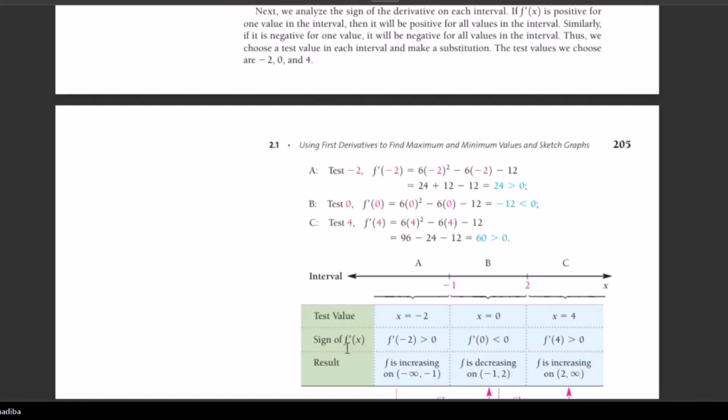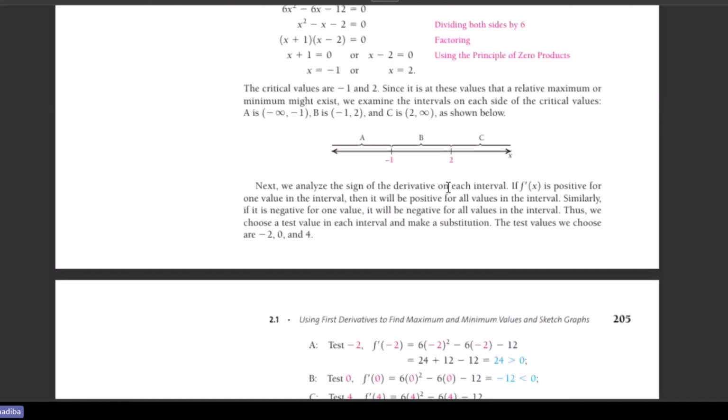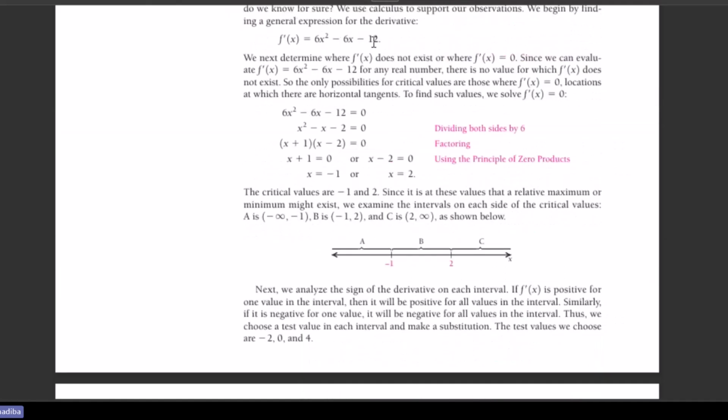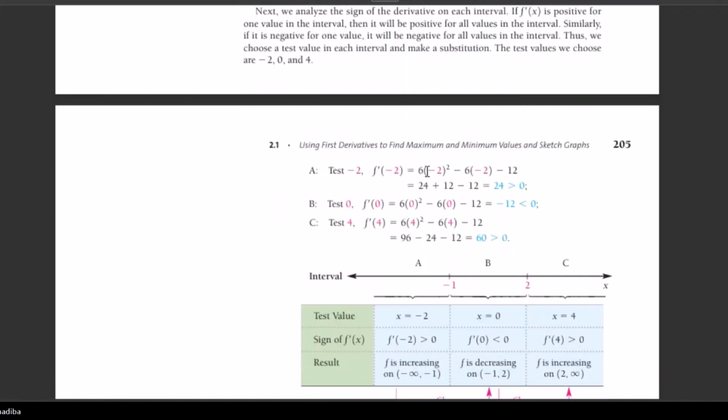So, in the second column, in the first row, we have got negative infinity and negative 1. Test value is -2. Do we agree? Yes, sir. So we take that -2, we substitute it into the first derivative. Remember, this is the first derivative: 6x squared minus 6x minus 12. Do we agree?